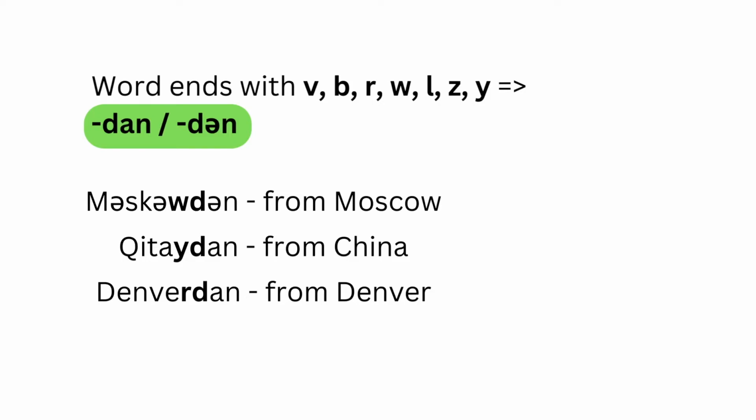Now remember this. If the initial form of the noun ends with voiced consonants like r, l, b, v, etc., we need to add the ending that starts with d. So don or den.